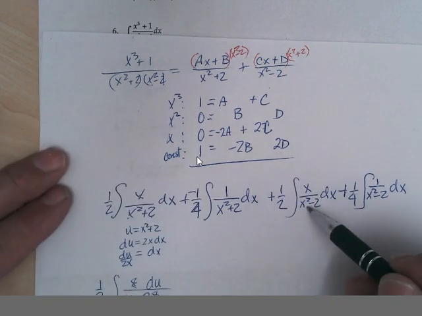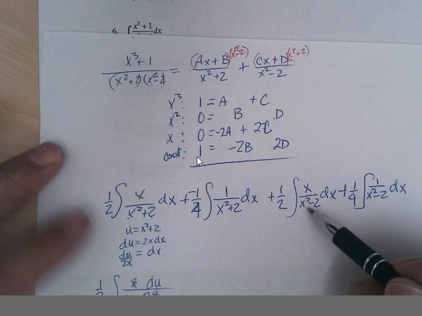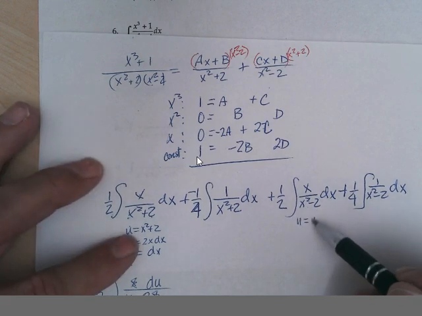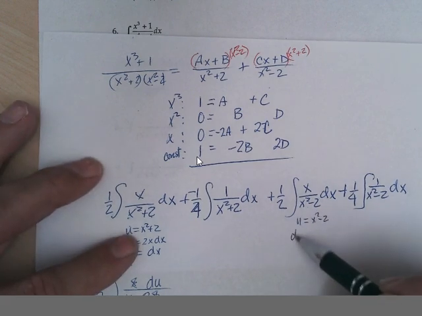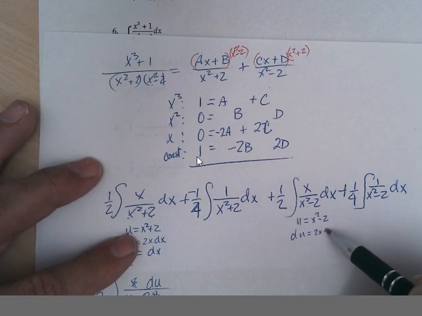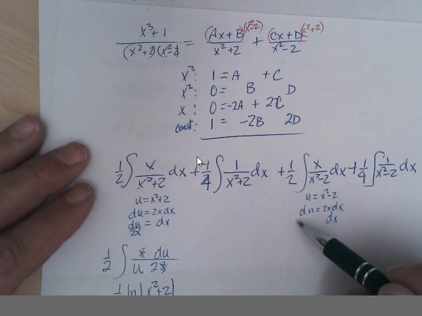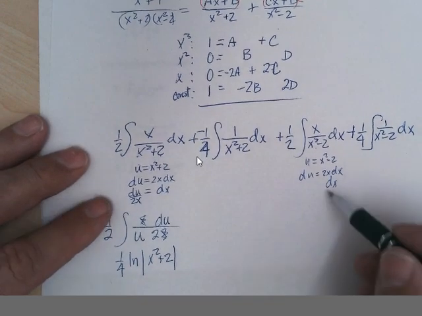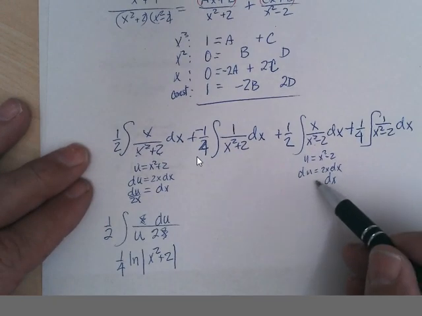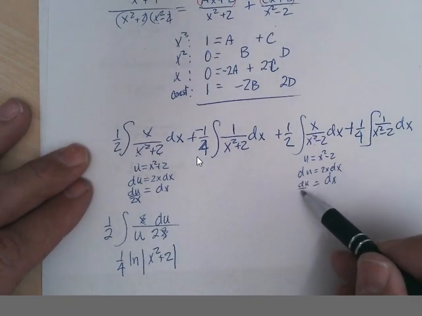I'm going to jump over to this one. If I let u equal x squared minus 2, du would also be 2x dx. dx would be, oops, sorry, got off the screen. dx would be du over 2x.